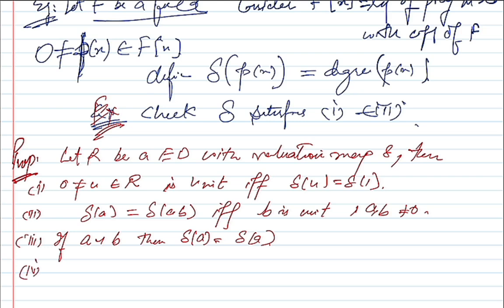Fourth, if the valuation is the same and one of them divides the other, then both are associates, A is associated to B. So you don't have the exact converse of the third part, but if you have one more condition, that one divides the other, then you get associativity.